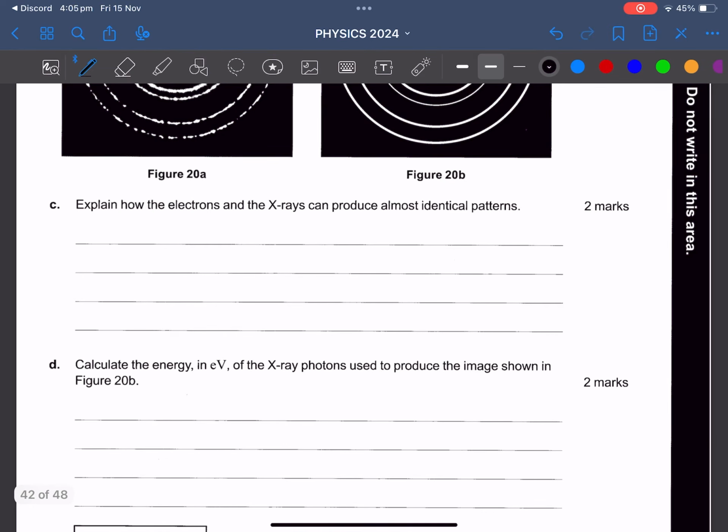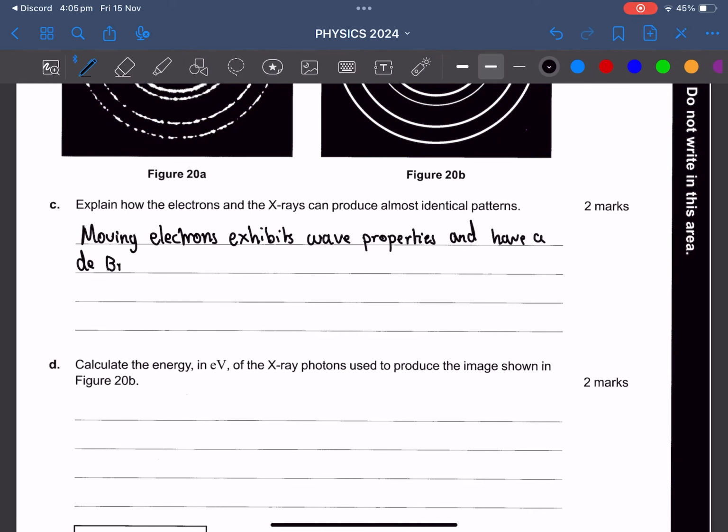Well, moving electrons exhibit wave properties and have a de Broglie wavelength.